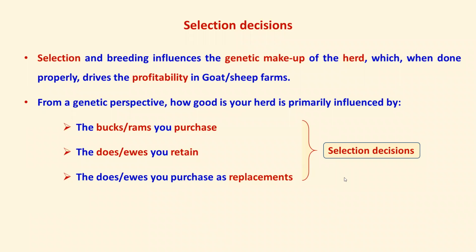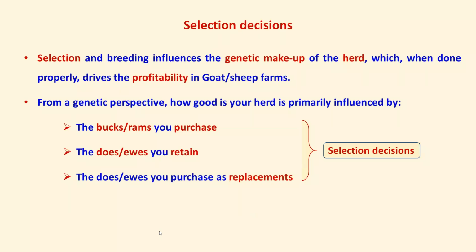In a breeder farm, which are the stages where we can apply selection decisions? Firstly, when you purchase male animals, bucks or rams, that is the time when you apply the knowledge of selection, animal genetics and breeding concepts.